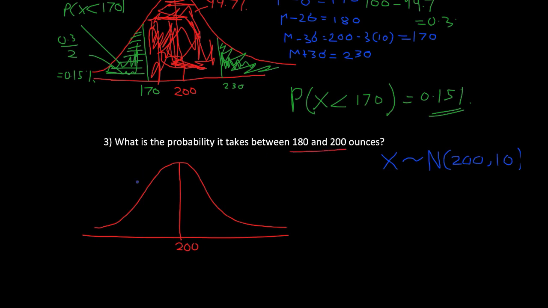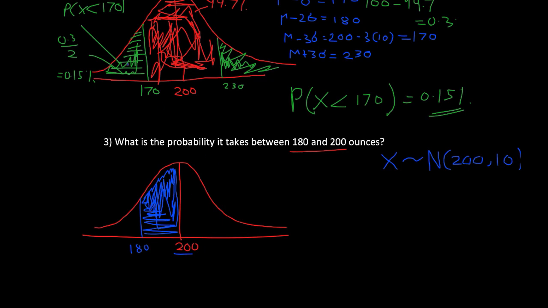So 180 should be over here, and 200 is here. So probability between 180 and 200 means the area under the curve between 180 and 200. So this is the area we are looking for.